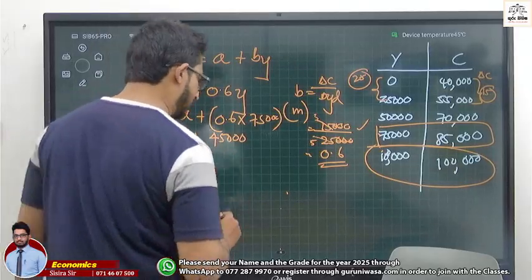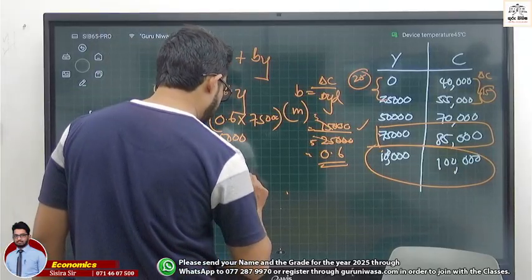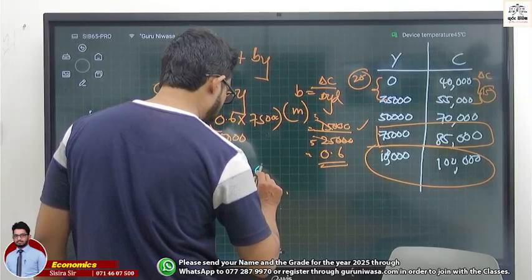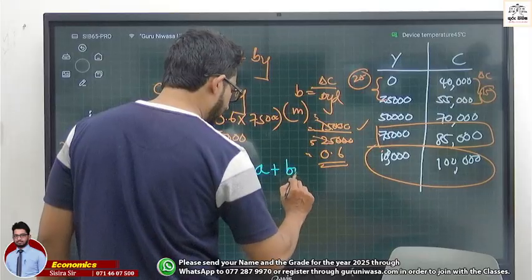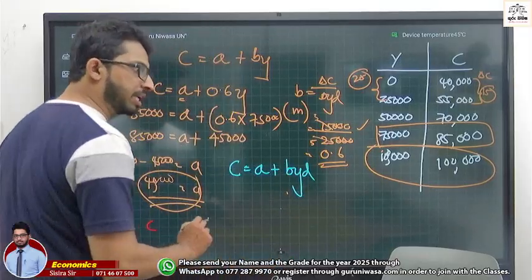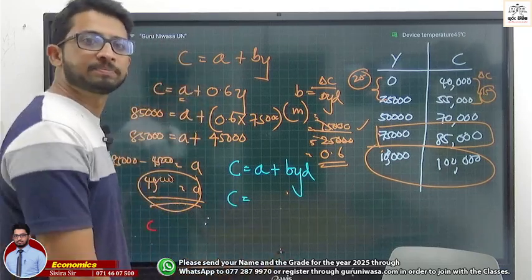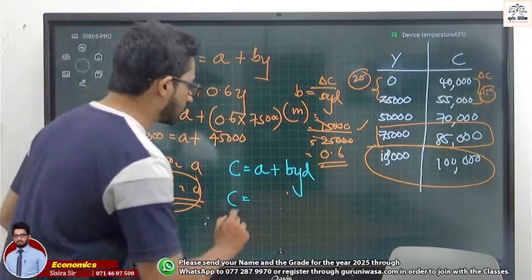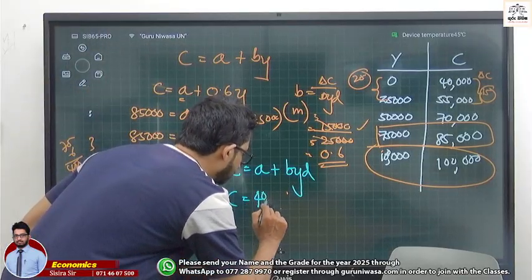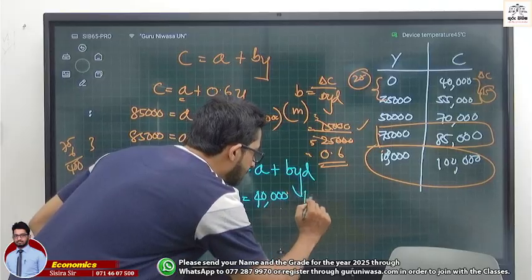Then the equation is, what is the original equation? C equals a plus bYd. Now how can we write this equation? C equals, the value of a is known, how much? A equals 40,000, plus b is known.